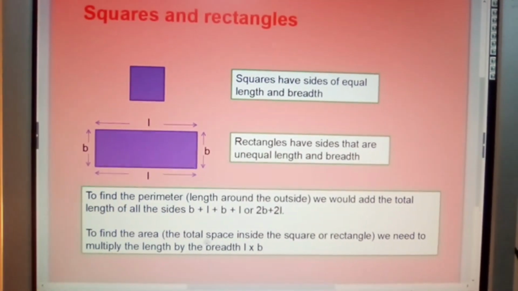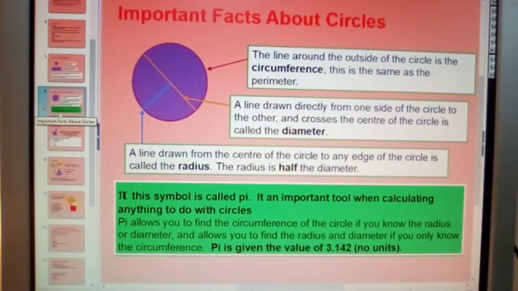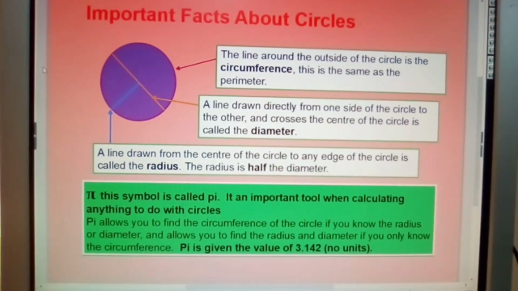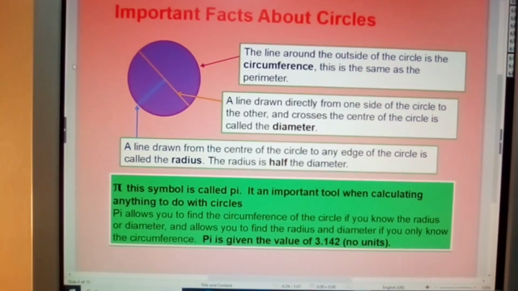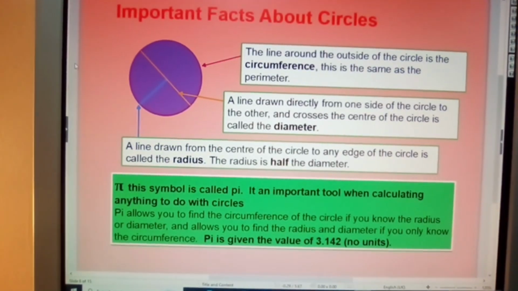Now again here, and just to show you again here what I'm looking at, important facts about circles. I'm just going to take the camera down again and show you what I'm talking about for this moment in time.